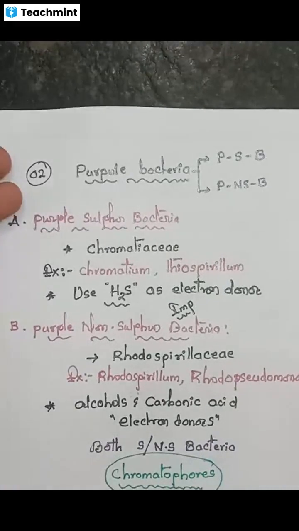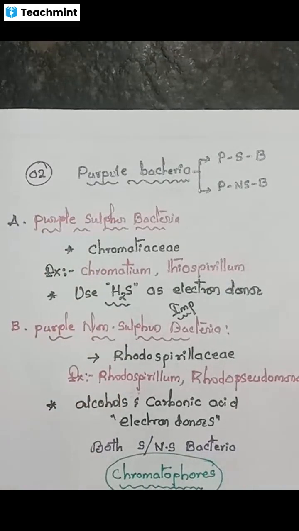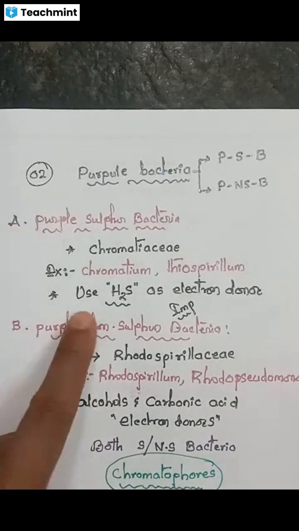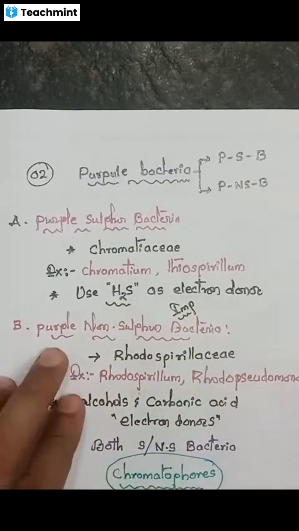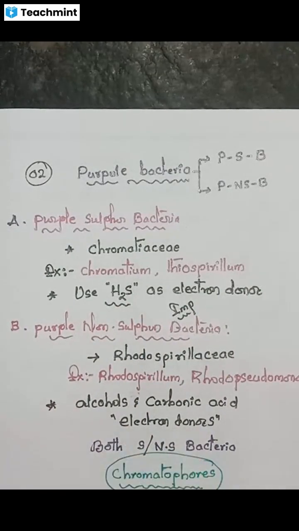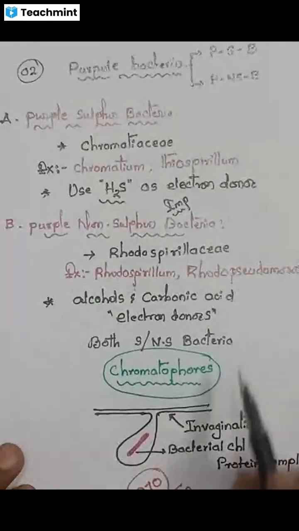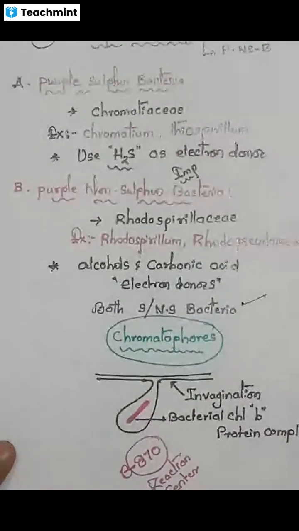The purple bacteria are again of two types: purple sulfur bacteria and purple non-sulfur bacteria. In purple sulfur bacteria, hydrogen sulfide is the electron donor. In purple non-sulfur bacteria, alcohols and carboxylic acids are the electron donors. In both, the photosynthetic organelles are chromatophores.